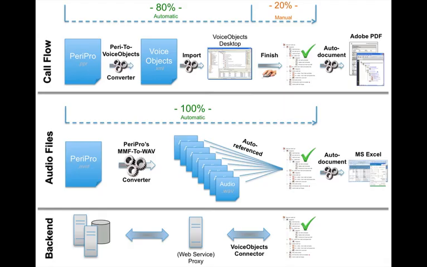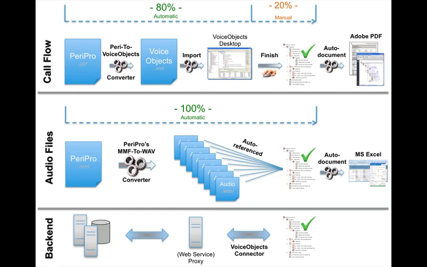The tool works on different levels. So first you will need to convert the call flow, which comes in a PPR file in PeriPro. So you run that project file through the converter tool, and it produces a VoiceObjects XML representation, which is our standard for representing applications. And you then take that XML file and import it into VoiceObjects Desktop, our graphical environment.